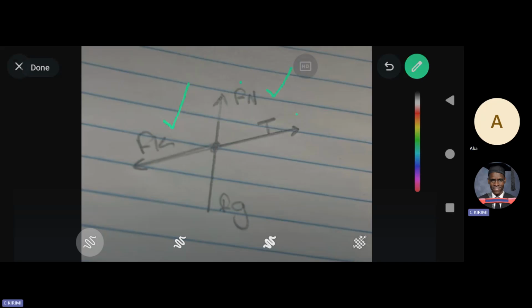Normal force, tension, and you indicate with an arrow. It's going down. Gravity. That's correct. Okay.